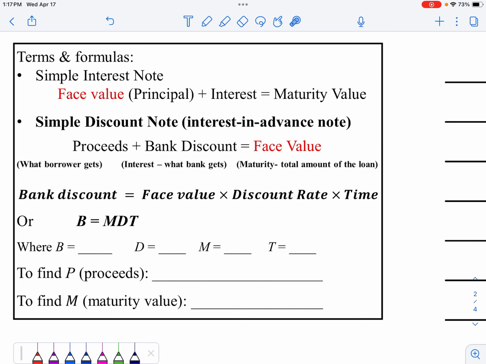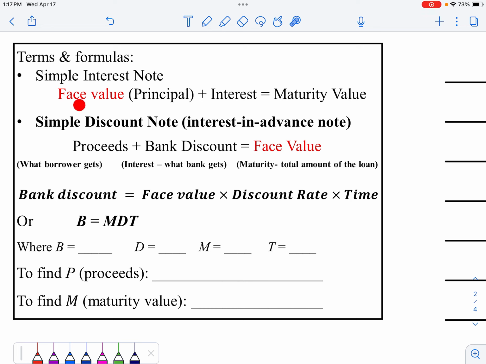Simple interest notes and simple discount notes are two different things. In previous sections, when we talked about loan, interest, and maturity value, those were all simple interest notes. Now, simple discount notes are different. Simple interest notes are like when you get the loan from the bank, that's the principal.